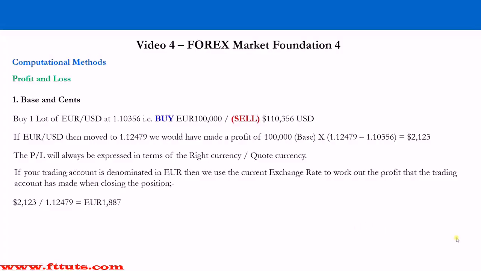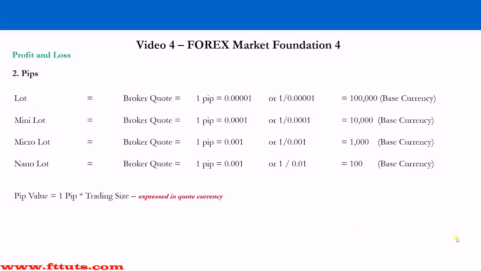Now, if we work out our profit and loss in pips, how do we do this? Well, if you remember this table from earlier, we looked at the broker's pip values and trading sizes. What's important when you're working out your profit and loss in pips is the pip value set by the brokers on your trading platform, and working this out in terms of a currency value per pip.